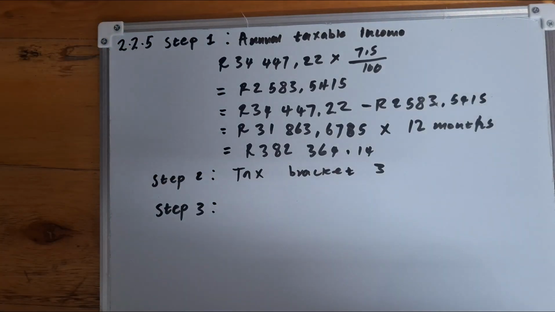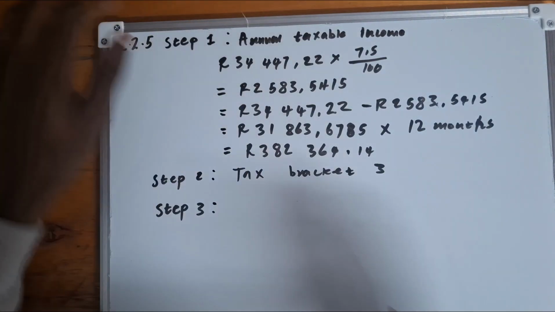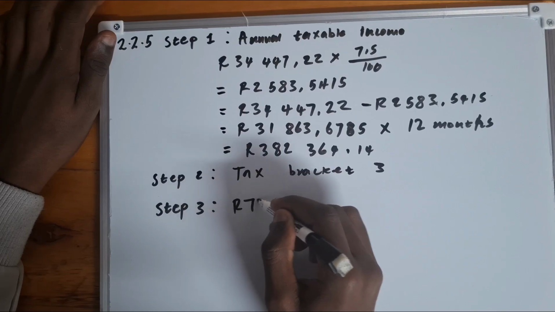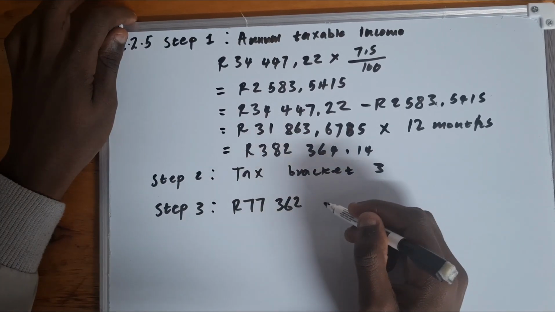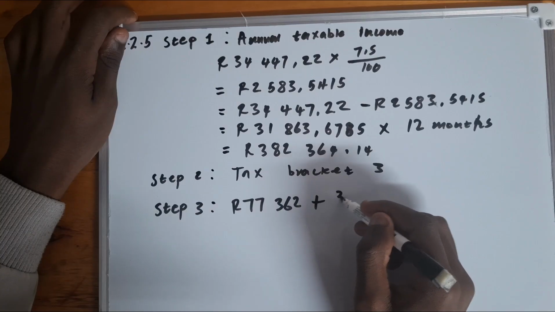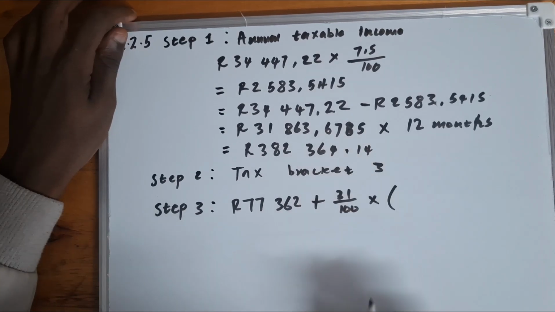So then this allows us to move to our step 3, where we are actually calculating the tax. On step 3, we're actually going to use the tax rates of 77,362 plus 31 over 100 multiplied by.